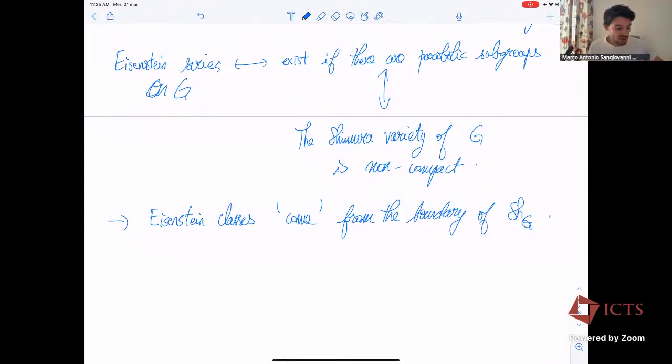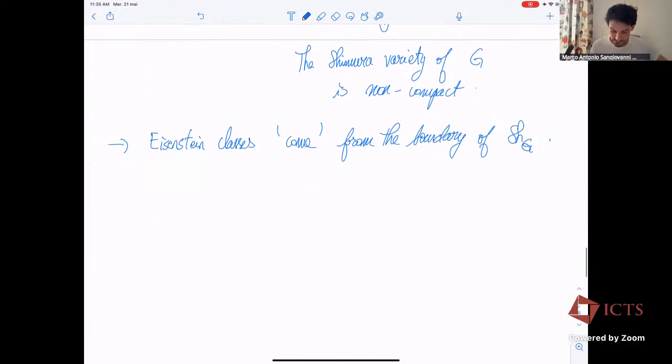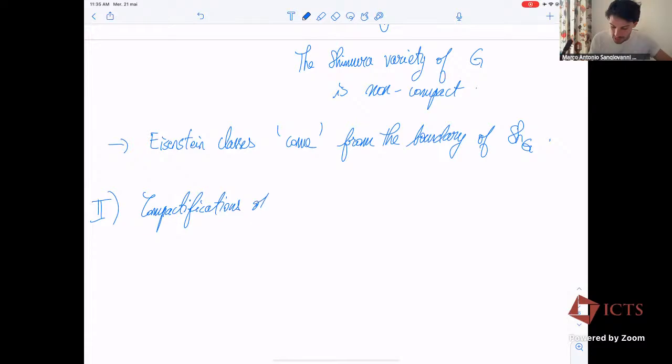Okay, so this leads us to study the compactification of Shimura varieties and see how these Eisenstein classes arise from the presence of the boundary. So this leads me to number 2: compactifications of the Siegel threefold.